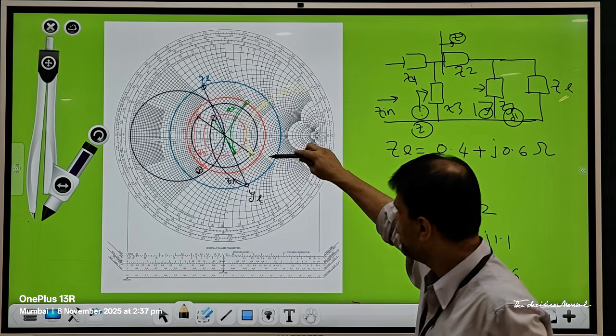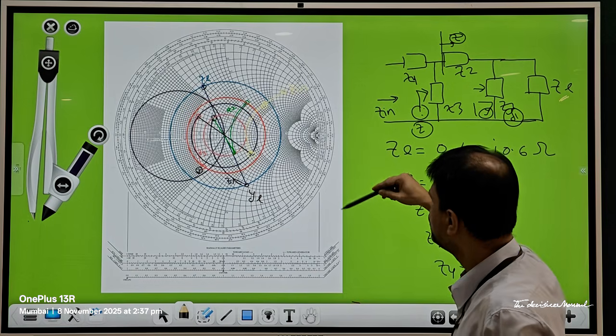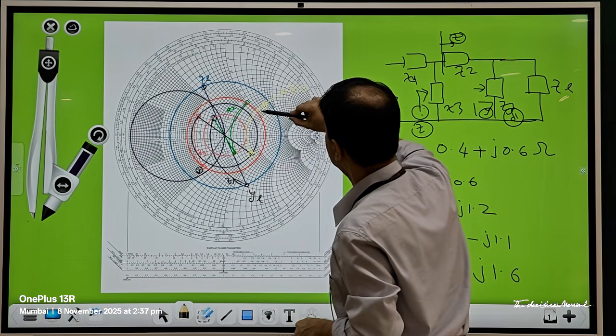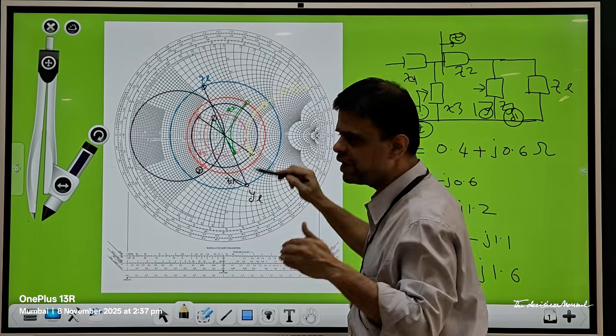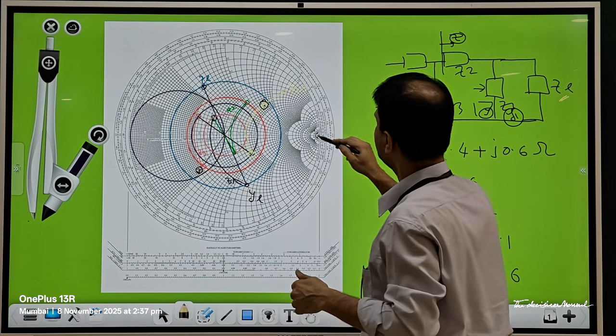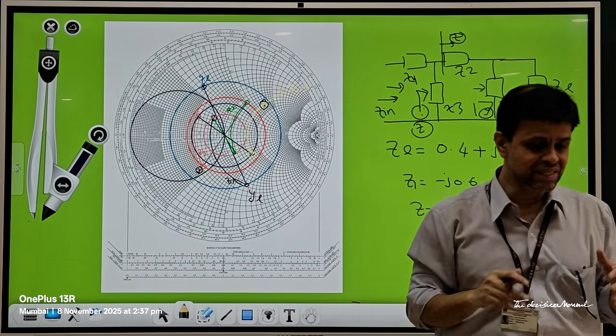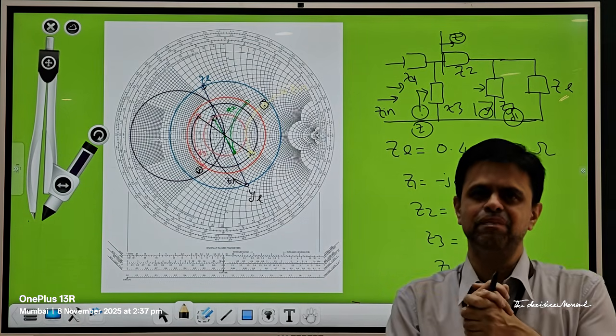Here you identify that constant R circle, and to that you add this Z4. That addition of the imaginary component will take you to the impedance over here, that is basically your Zn. That is the value of input impedance, and then you multiply that by Z0 to get the denormalized value. So this is how you will calculate the input impedance of the T-pi network.